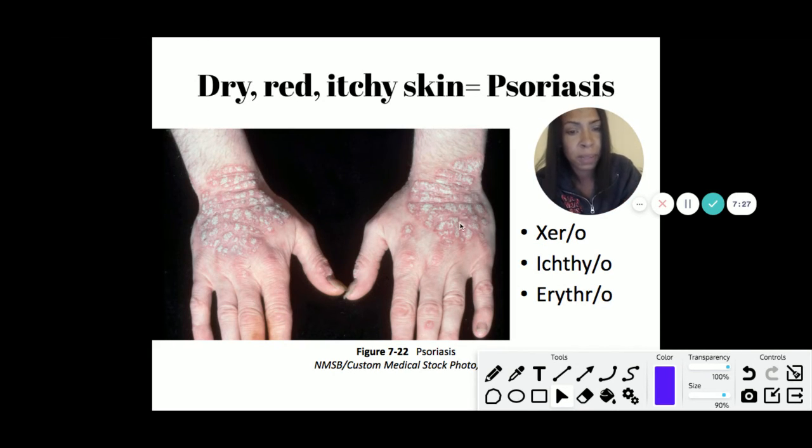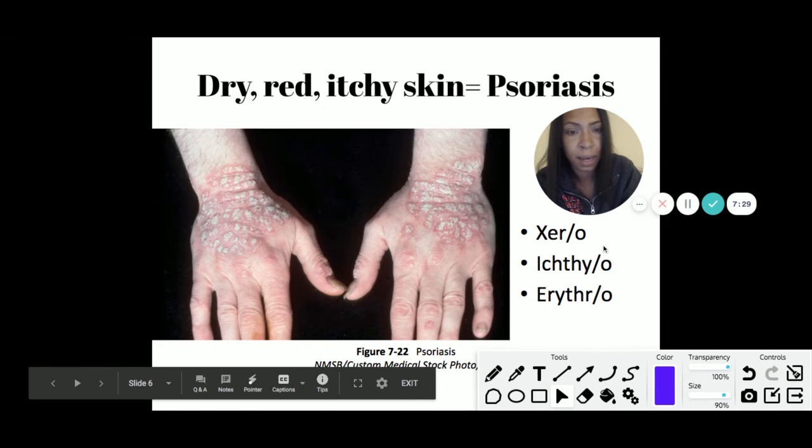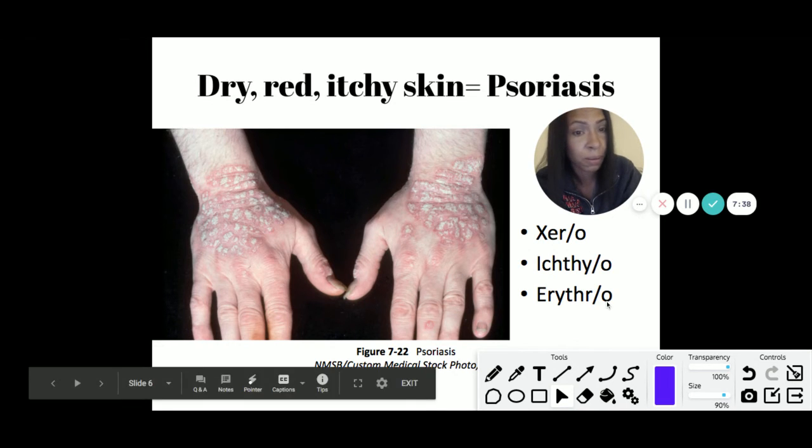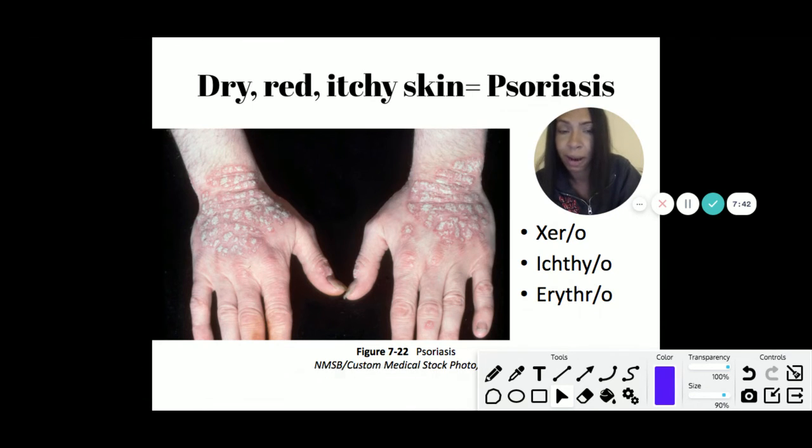And so this particular autoimmune disease, we might use roots like xero, which means dry, ichthyo, which means scaly and itchy, and erythro, which means red, to come up with terms to describe this condition. So we would need to come up with a suffix for each of these terms, and then we would be able to come up with a list of medical terms to describe psoriasis. So go ahead and try that.